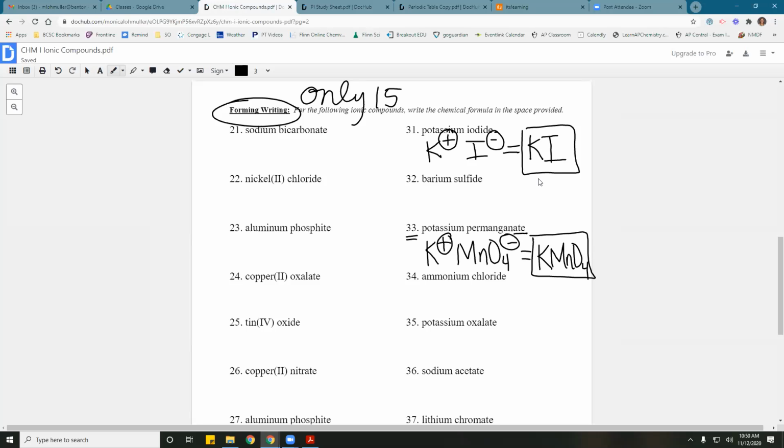All right, so now let's try one that is not 1 and 1. If it's 2 and 2, it works the same way, just FYI. Like I think number 32 is 2 and 2. But let's look at number 22. So in the name, nickel 2 is telling us that nickel has a +2 charge. So nickel is Ni, so that means that Ni has a +2 charge.